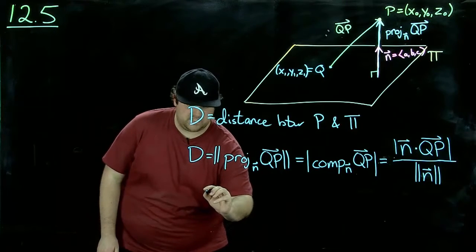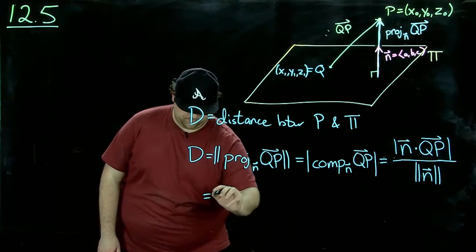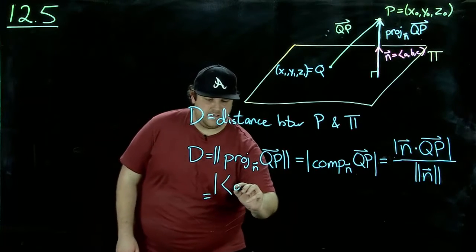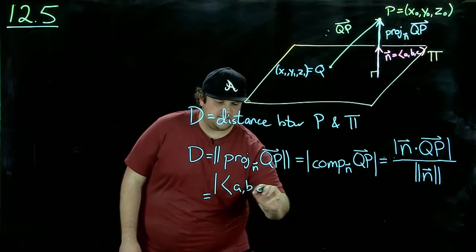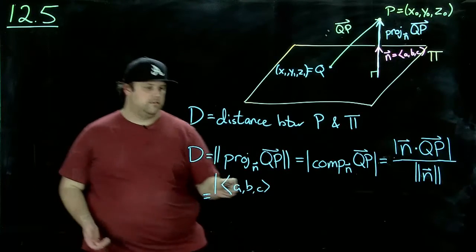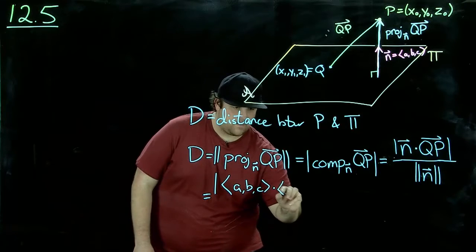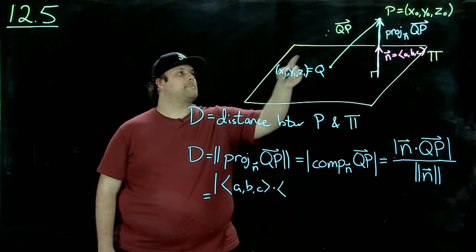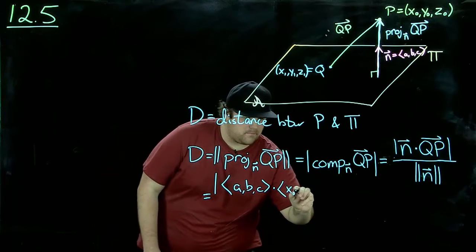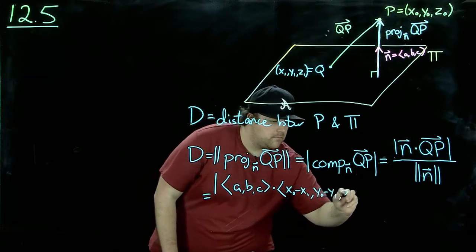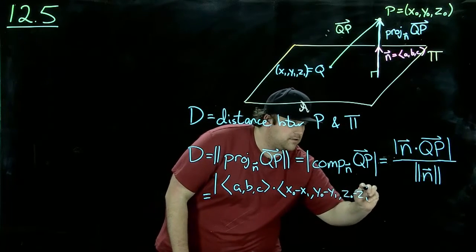So let's continue our equation down here. Right, so n is A, B, C. Right? QP is going to be x naught minus x1, y naught minus y1, z naught minus z1.